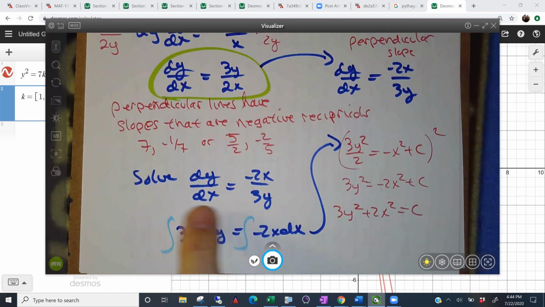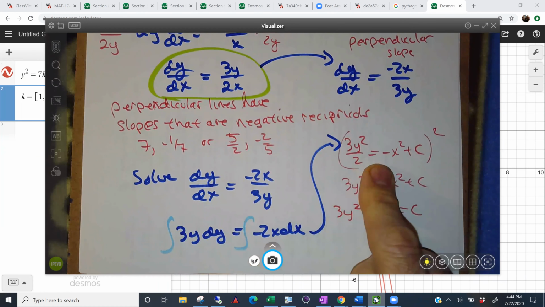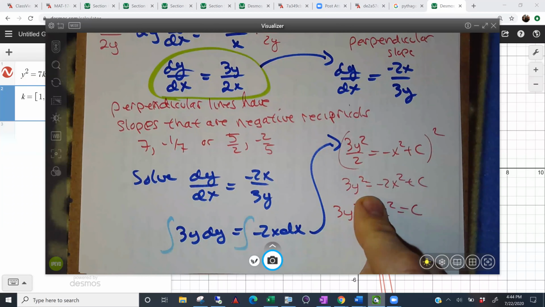We can do that by cross multiplying and then integrating both sides. Look, I would accept this. If you got here, that'd be fine. I cleaned it up a little bit just so that I could see what this would look like. The graph of these equations would be ellipses. You don't have to go that far.